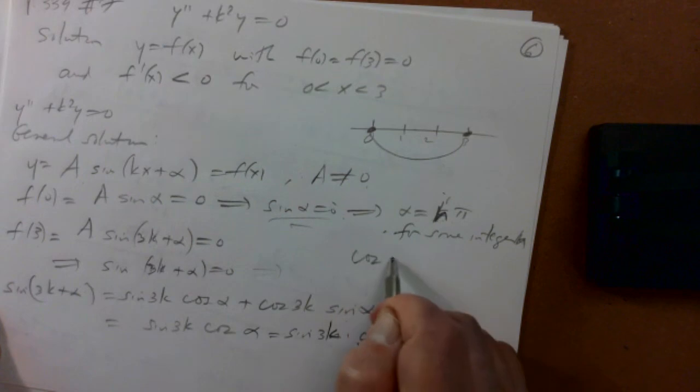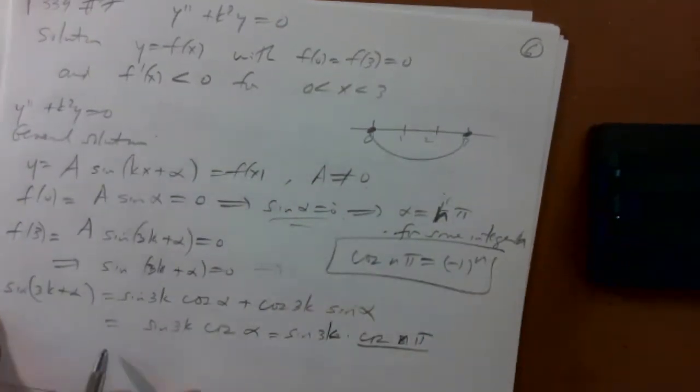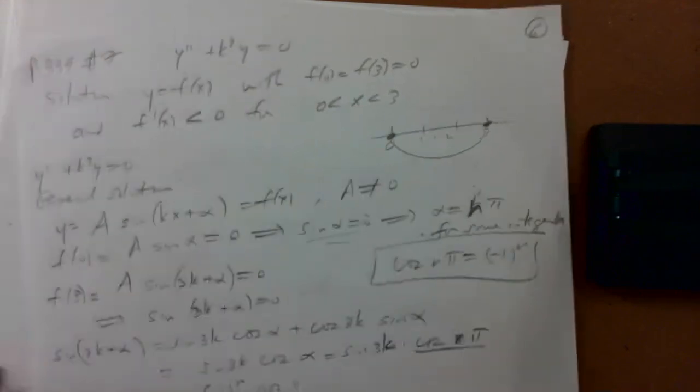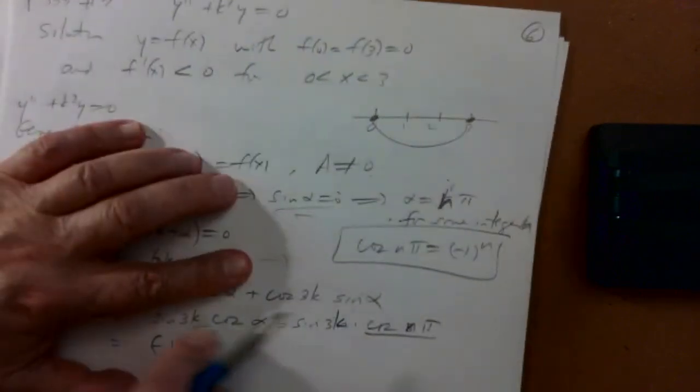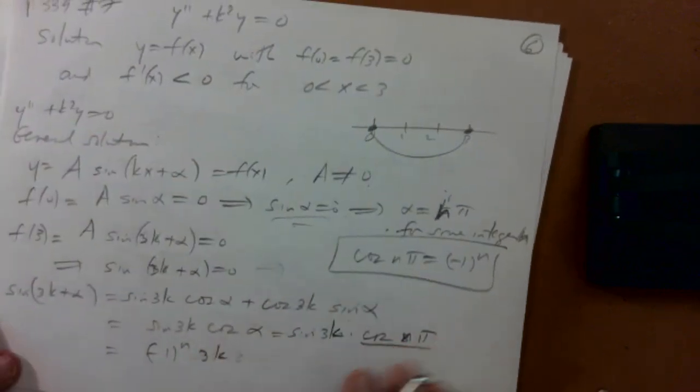The cosine of n pi is minus 1 to the n. So this is minus 1 to the n times the sine of 3k.